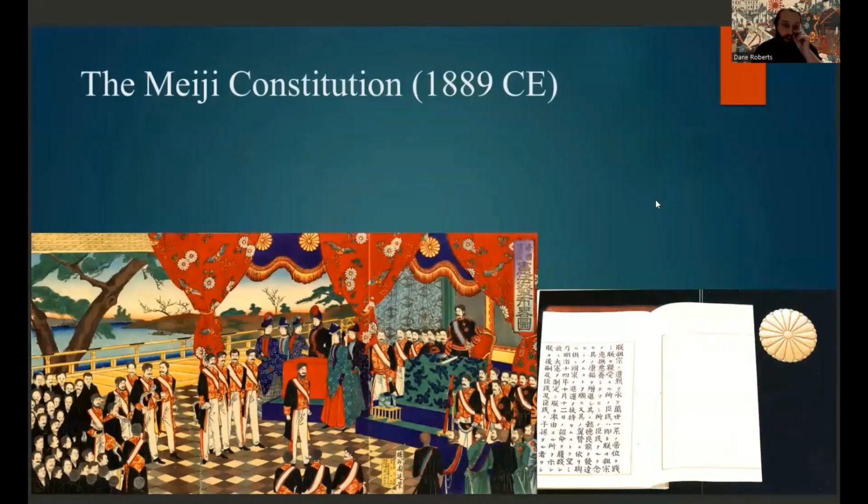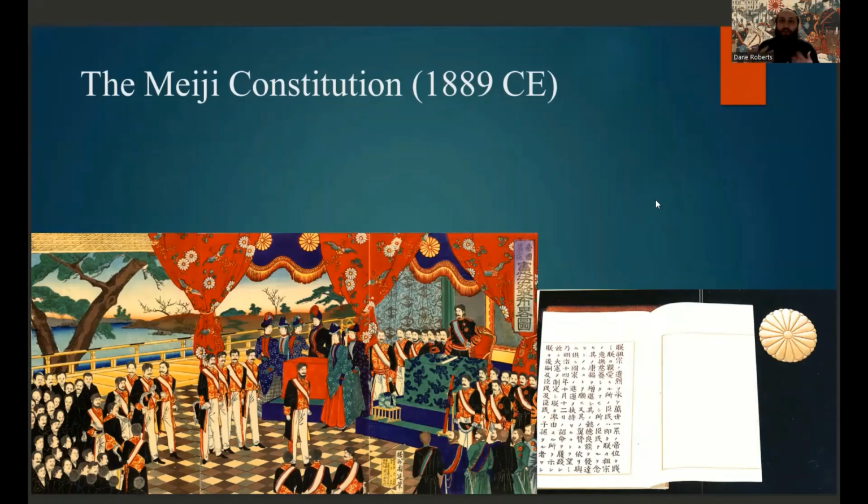And eventually, much later in the Meiji era, various members of the Kazoku and lower-ranking bureaucrats would create the Meiji Constitution and would present it to Emperor Meiji, essentially creating a constitutional monarchy of sorts, but not quite.